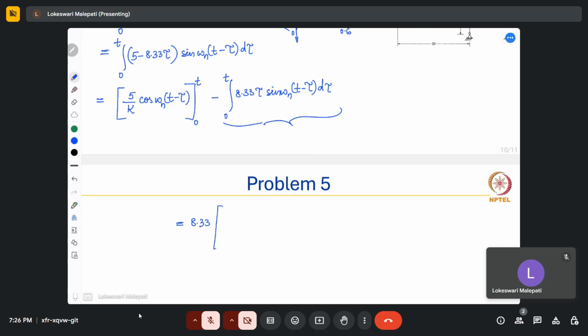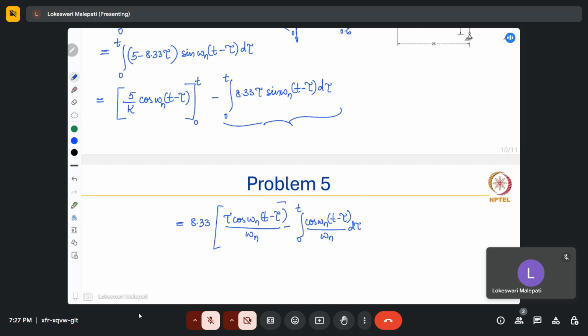8.33 times [tau cos omega n (t minus tau) by omega n minus the integral from 0 to t of cos omega n (t minus tau) by omega n d tau].